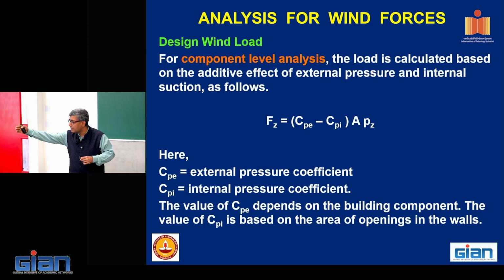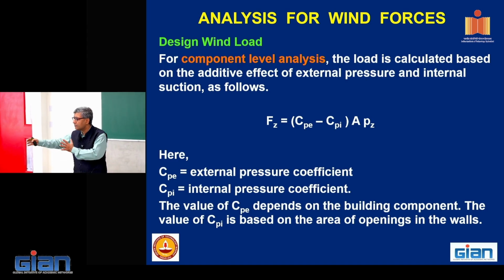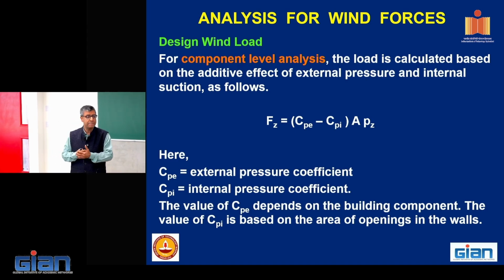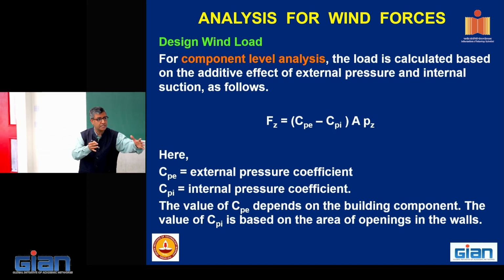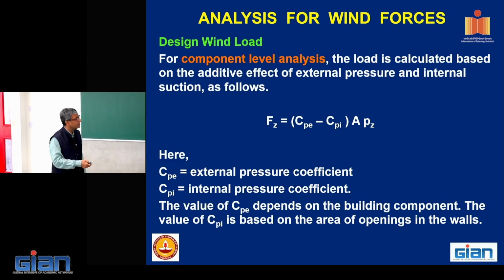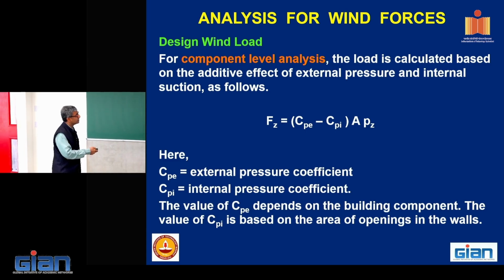Today I have a glass pane here, and if I'm designing this glass pane, there will be wind coming from the front, but there can also be a suction effect depending upon how much wind can flow. Hence, the expression has CPE, which is the external pressure coefficient, and the internal pressure coefficient will be negative. Negative becomes positive, as essentially the external effect and the internal effect become additive.